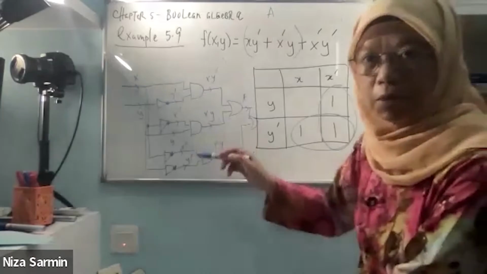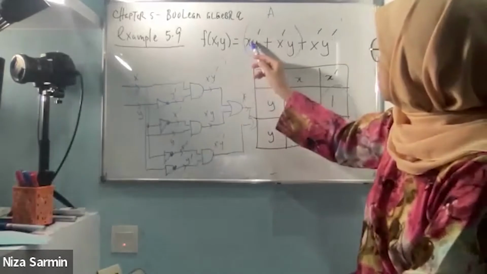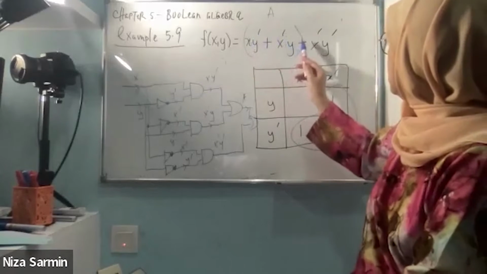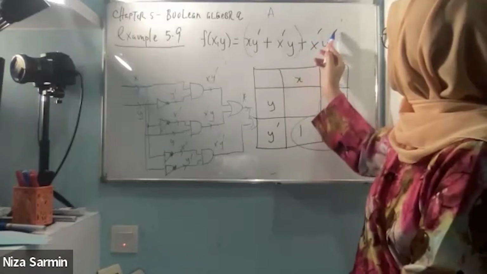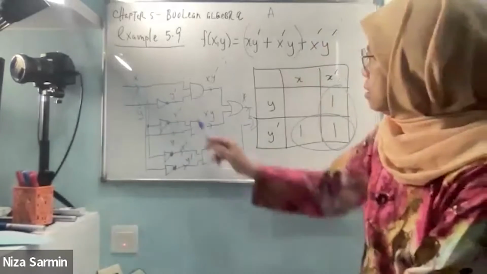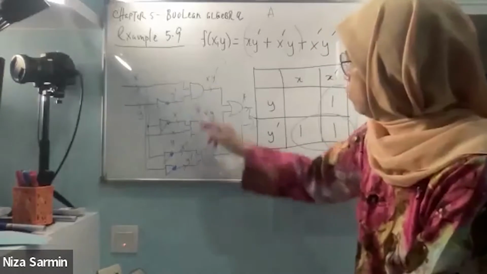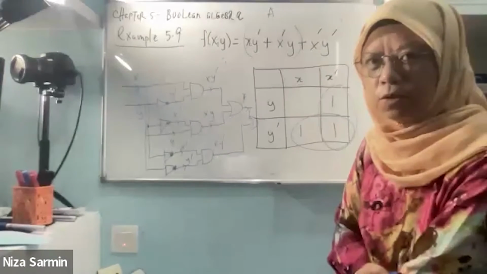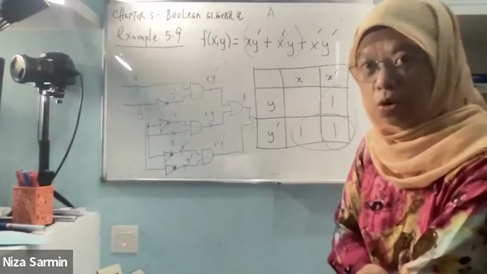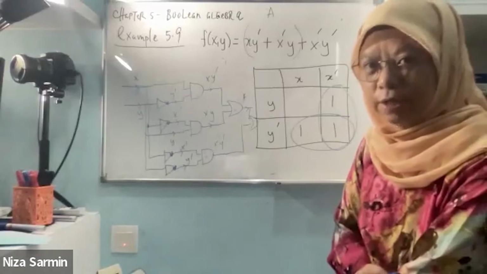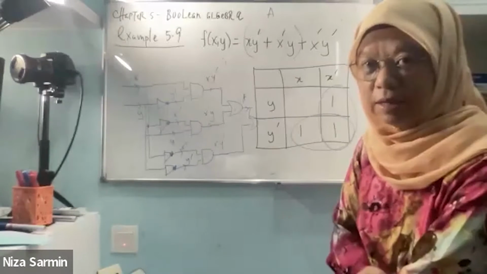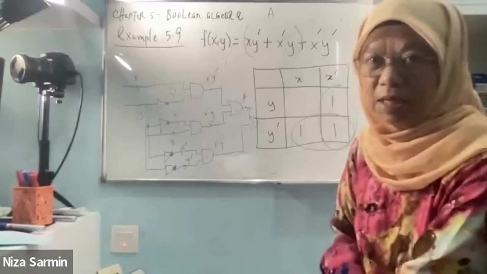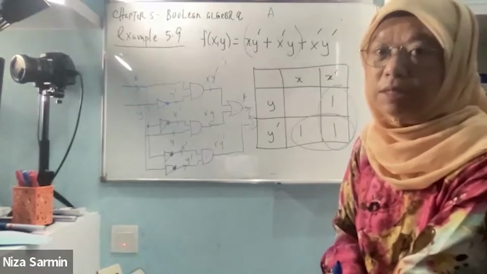So if you count the number of gates, there's 1 dot, yeah? 1, 2, 3, 4, 5, 6, 7, 8, 9. Okay, so this is how you draw the original question. But we want to simplify. Simplify means the final gate won't be this many and it will be much simpler.